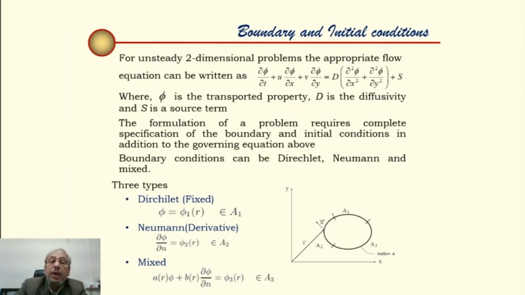For unsteady two-dimensional problems, the appropriate flow equation is ∂φ/∂t + u ∂φ/∂x + v ∂φ/∂y = D(∂²φ/∂x² + ∂²φ/∂y²) + S, where φ is the transported quantity or transported property. It can be any of the velocities, and D is the diffusivity, molecular diffusivity.